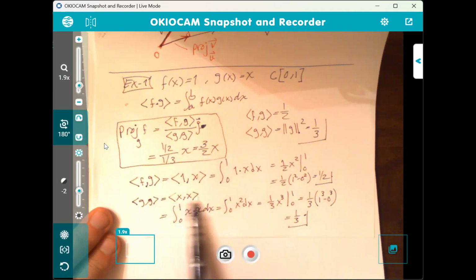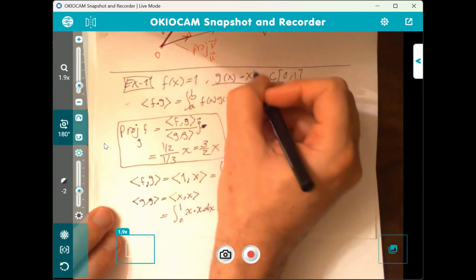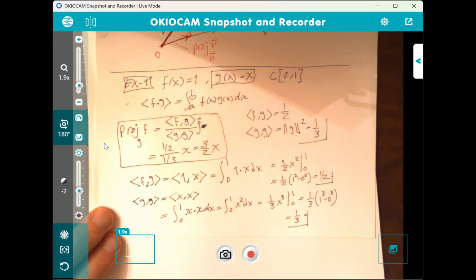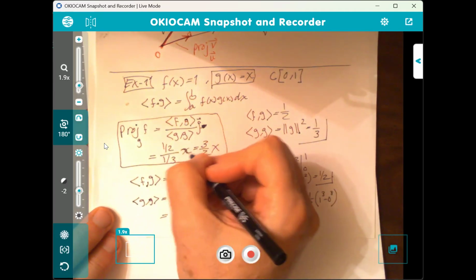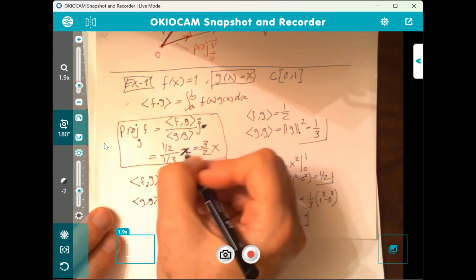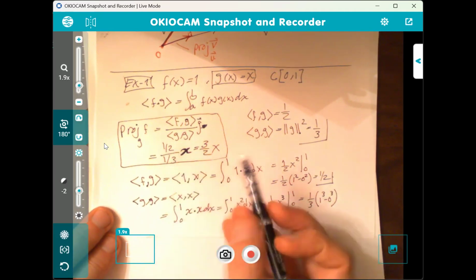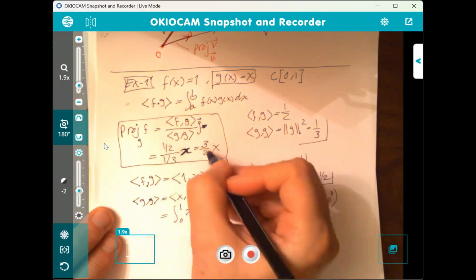G dot g, we just showed that's 1/3. So that's over the third. And g, remember, g is this vector, x. So that's your g here. But don't put an arrow on top of x, by the way, and you don't need to boldface it. I just want to make sure you see the x. And 1/2 over 1/3, invert and multiply, you get 3/2 x.